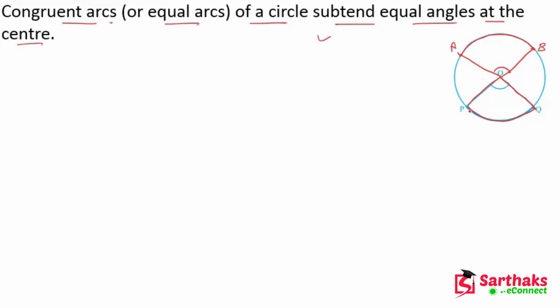So if arc PQ is congruent to arc AB, then angle AOB is equal to angle POQ. So we can write: if arc PQ is equal to arc AB, then we can say angle AOB is equal to angle POQ.